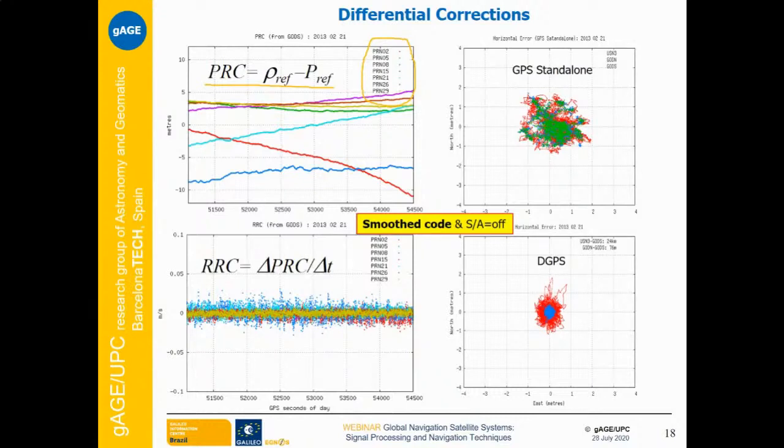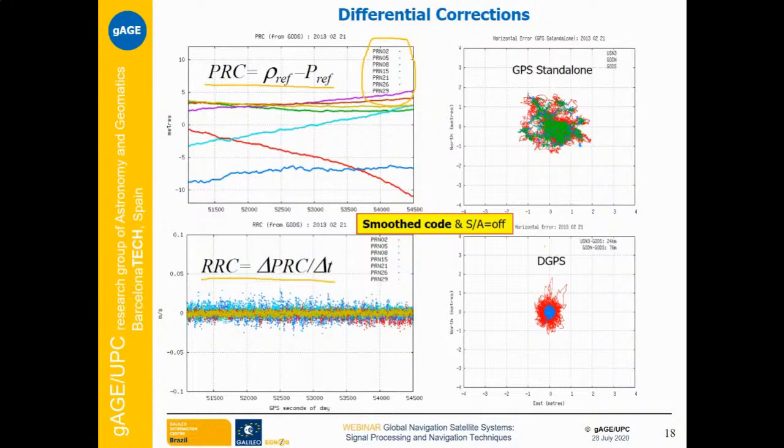In terms of the first derivative, we can see a few centimeters per second, and this enables us to have some delays in the transmission. So we have the pseudo-range corrections, but thanks to these range rate corrections, how they vary with time, we can admit some delay in the transmission of the corrections.